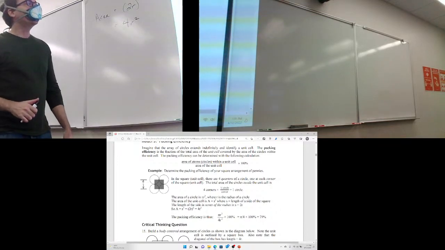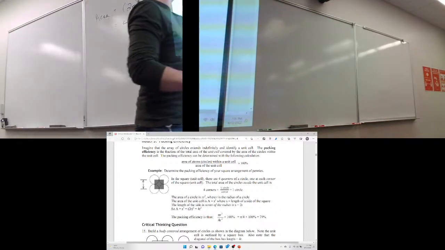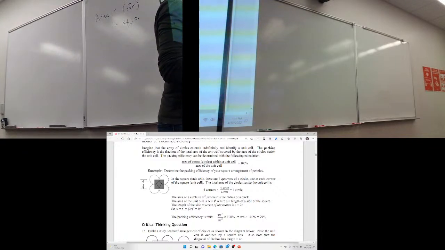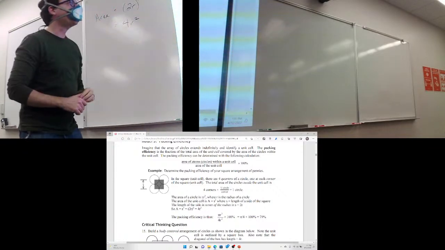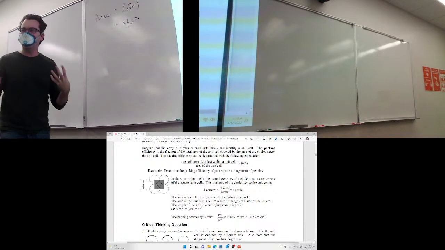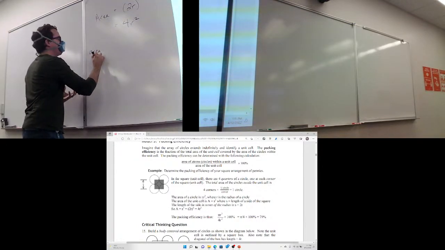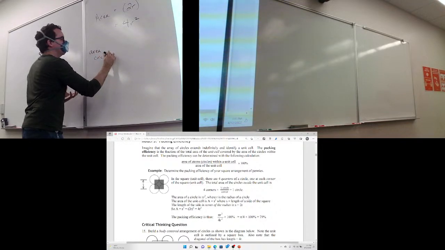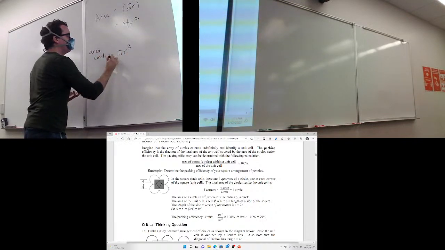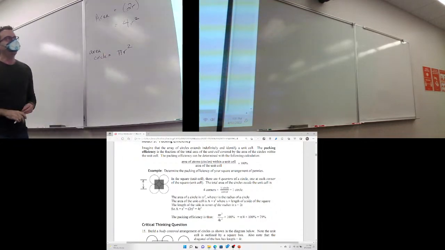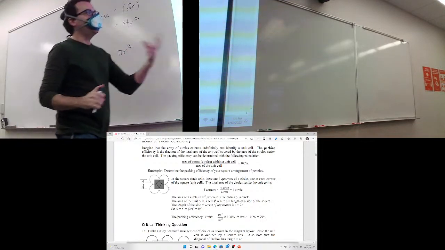Now we want to know the area of the atoms that are in the unit cell. So since we're doing area and we're treating all of our atoms as circles, the area of a circle is pi r squared. And you have to be careful here.